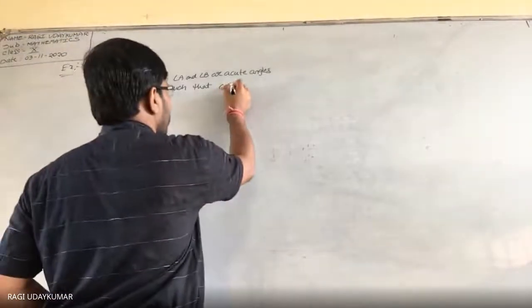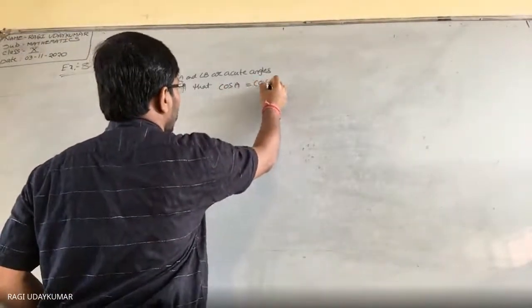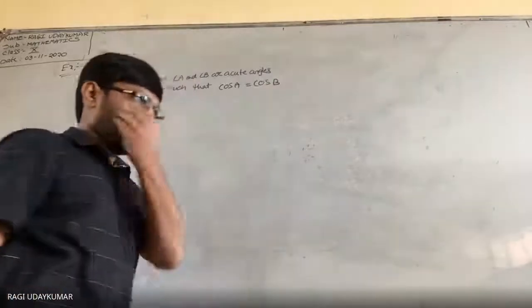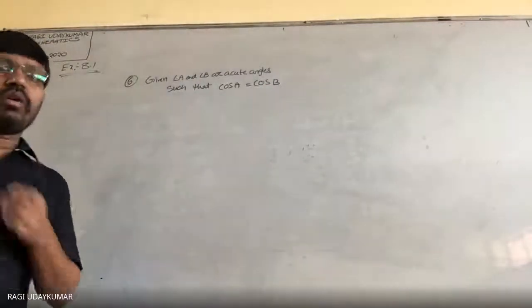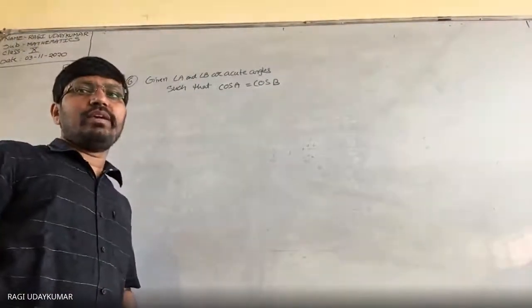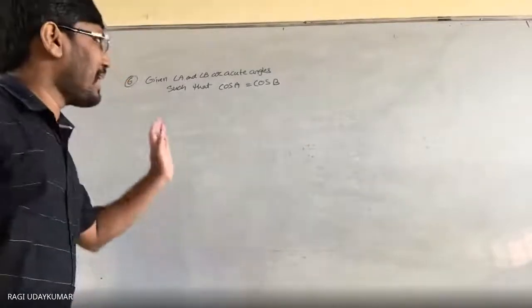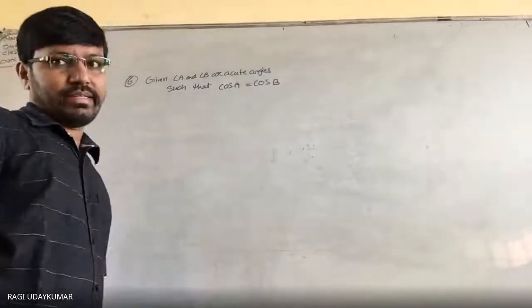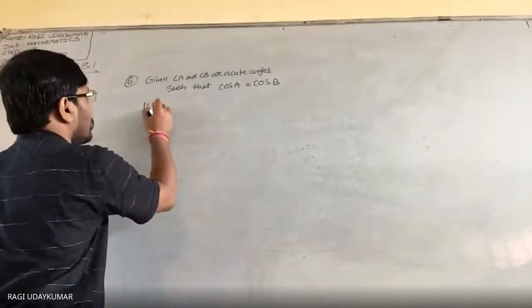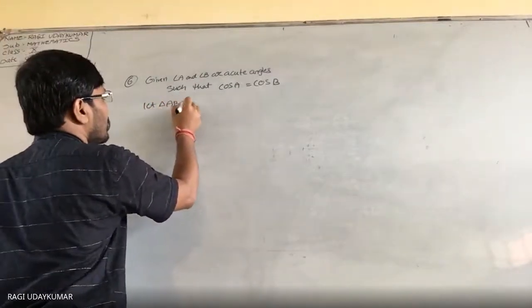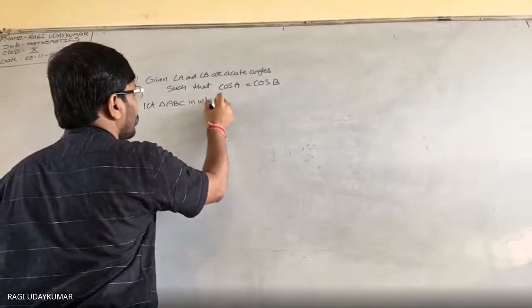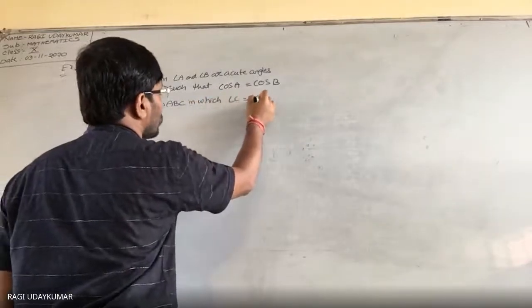So cos A is equal to cos B is given to you. In this case, angle A equal to angle B you have to prove. To prove this, what to do? You take a right angle triangle in which A and B are acute angles. Let triangle ABC in which angle C is equal to 90 degrees.